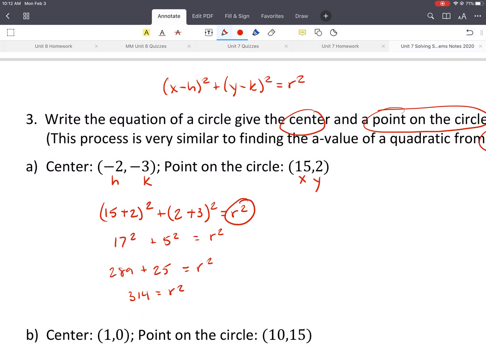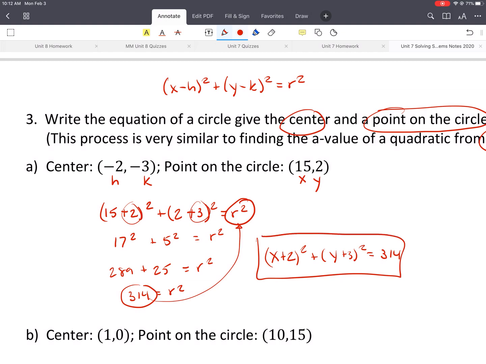But we don't need to figure out what the radius is. So what we're going to do is substitute that into our equation, and we're going to leave x and y as x and y. So we'll have x plus 2, the same as what we wrote here, squared, plus y plus 3 squared, same thing that's there, is equal to 314. And that would be your answer.